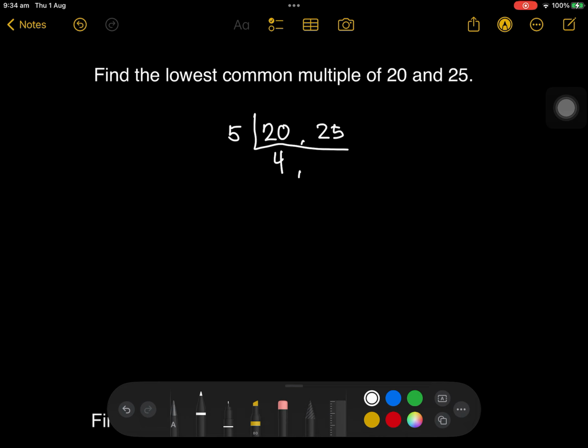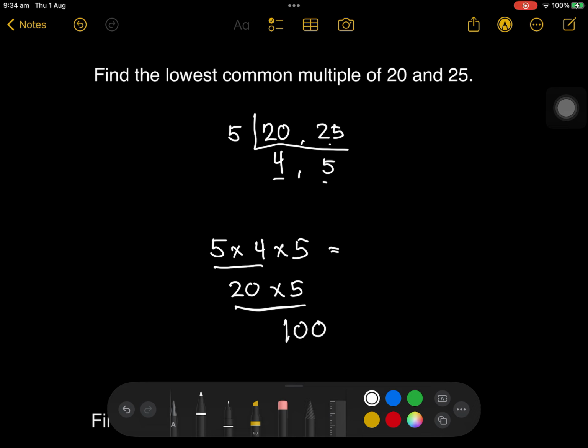Then 25 divided by 5 is 5. So 4 and 5 cannot be divided by a particular number. All you have to do is 5 times 4 times 5. 5 times 4 is 20. Then 20 times 5 is 100. So therefore, the LCM of 20 and 25 is 100.